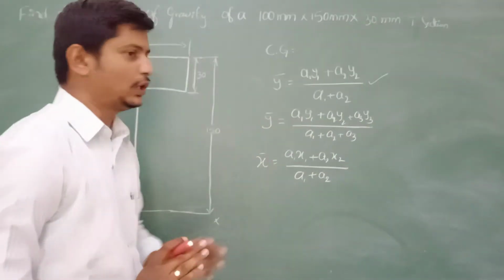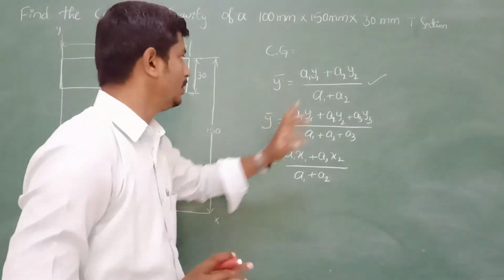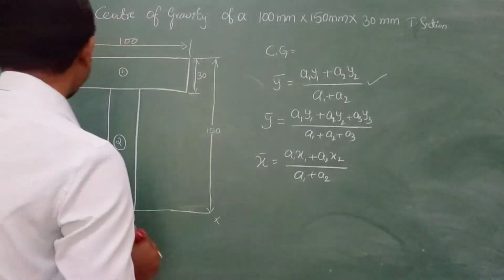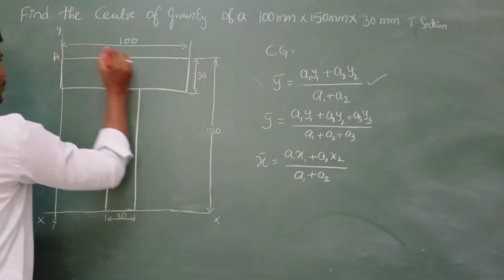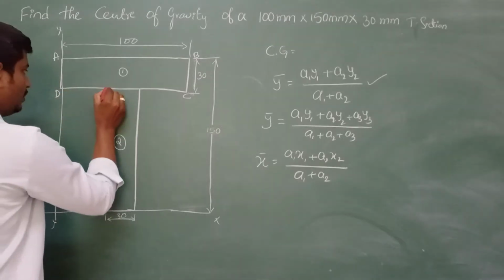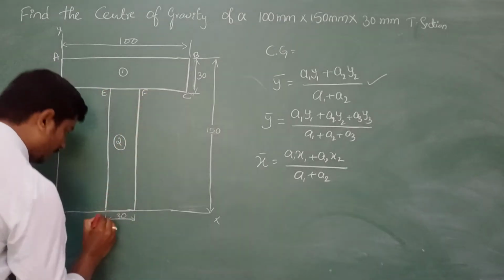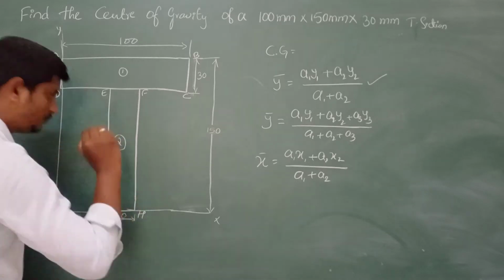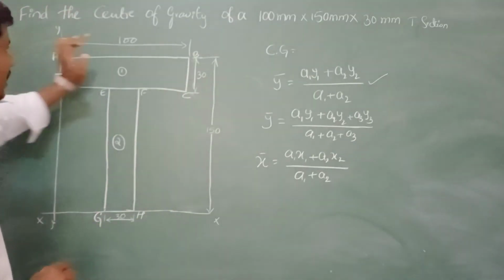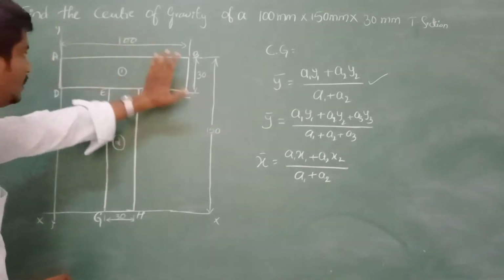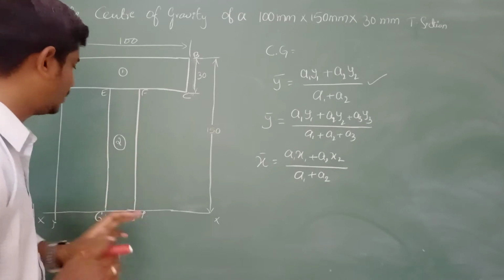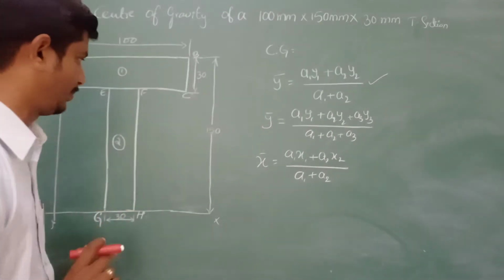First we need to find the area of the first web and the area of the second web. I am naming the points A, B, C, D, and E, F, G, H. ABCD is one rectangular web and EFGH is another rectangular web.